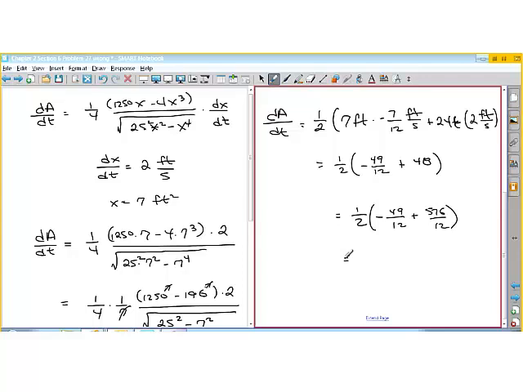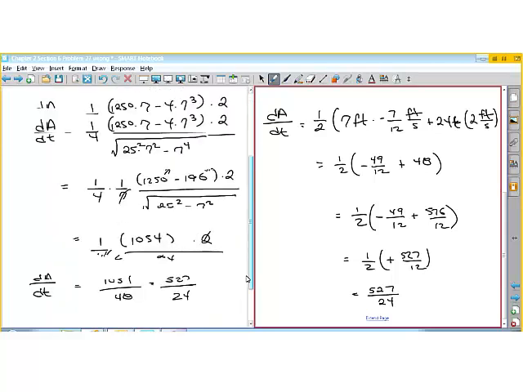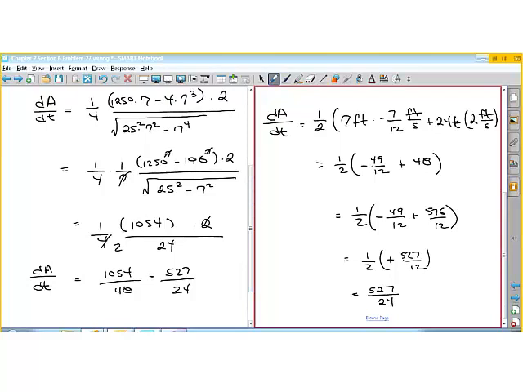So we get 576 minus 49, 527, so it's 527/12. And you see 2 times 12 is 24, so you get 527/24. I think that's what we got down here. 527/24. So dA/dt is that way.